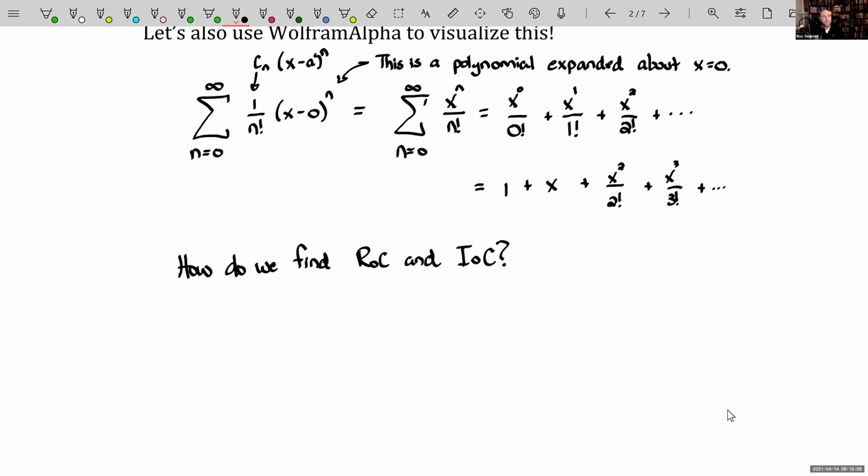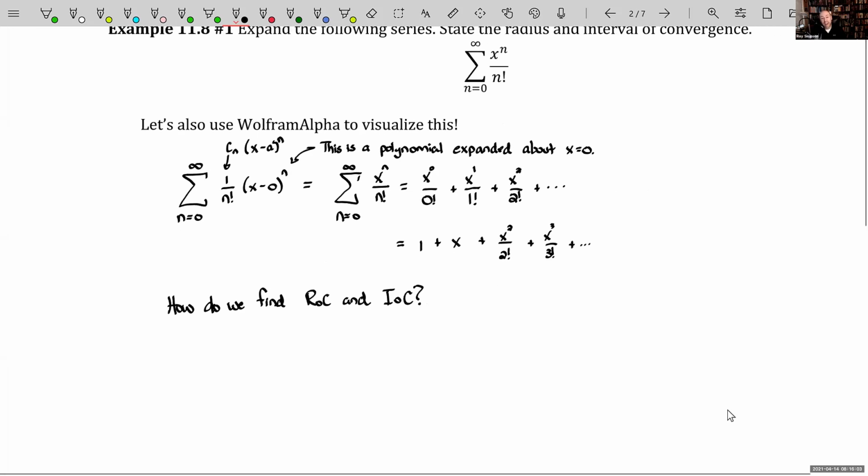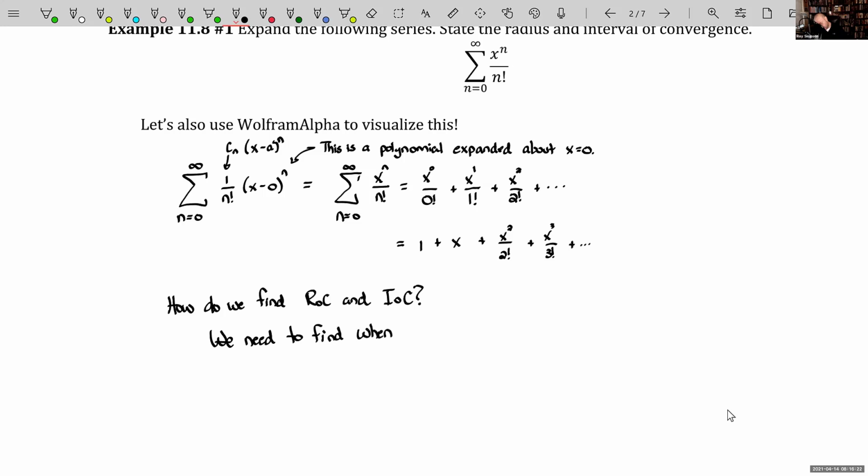How is that done? Well, it comes down to asking the question, when will this converge? And that is engaging all of sections 11.2 through 11.6. You have to test this series for convergence. We need to find when the series converges.